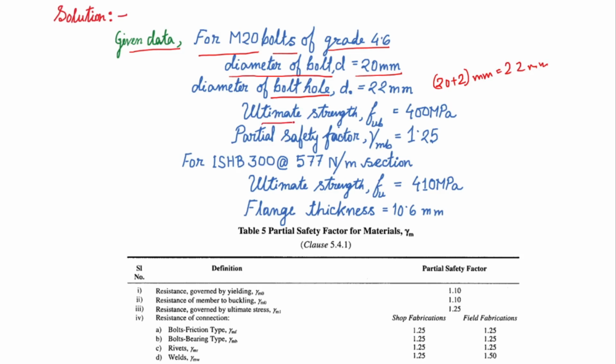Then the ultimate strength of the bolt, fub, as it is a 4.6 grade, is 4 into 100, which is 400 MPa. Then the partial safety factor gamma mb is taken from Table 5 of IS 800. This is the value of gamma mb for both shop fabrications and field fabrications. Gamma mb value is 1.25.